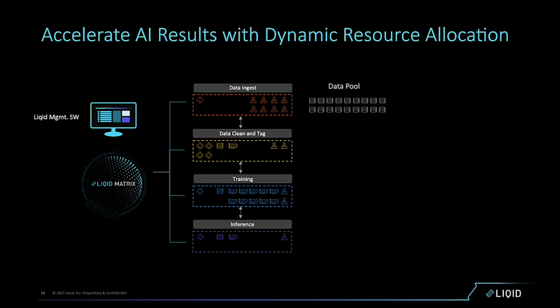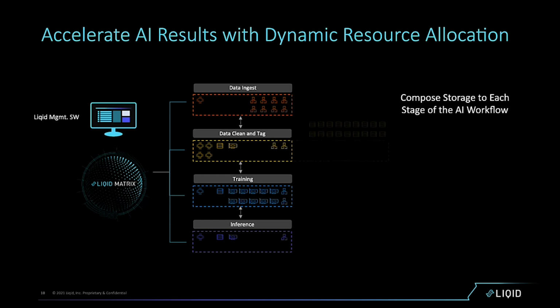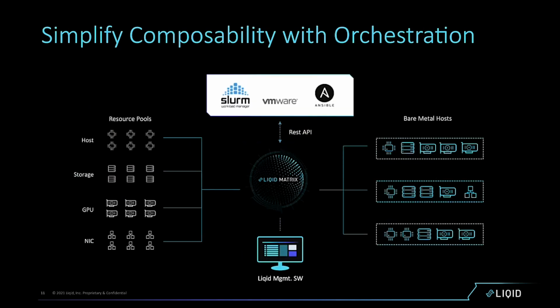So imagine if you could just move those data pools by composing them. We can actually do that and compose storage to each stage of the workflow over PCIe. What's the benefit there? If your primary objective with AI is to get results, to answer questions, then you absolutely want to accelerate the movement of data between each one of these stages in the workflow. And that's absolutely what you can do with this dynamic resource allocation. It's just one more example of the flexibility that really enables.